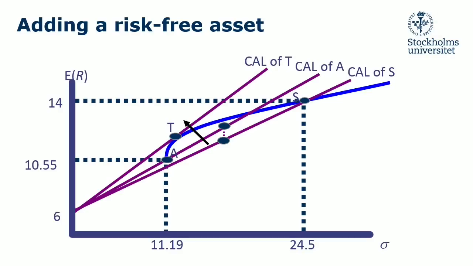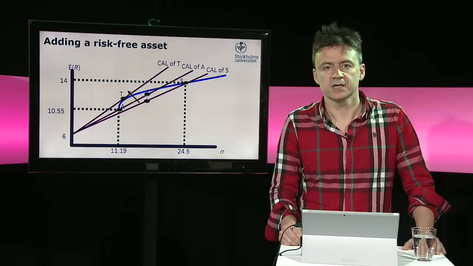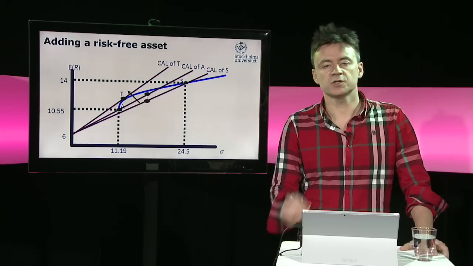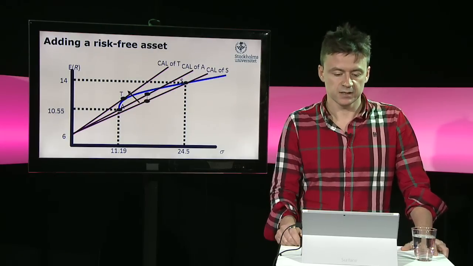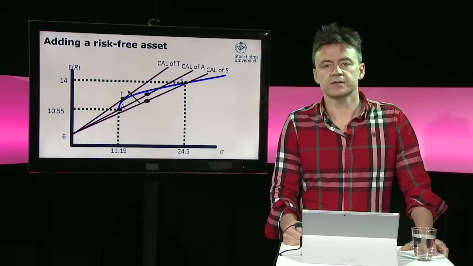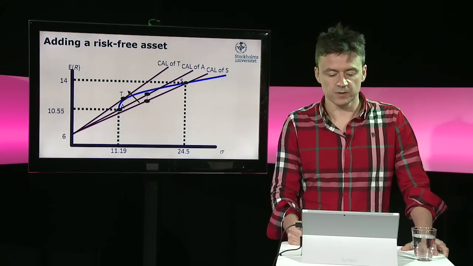Our capital allocation line gives us the portfolios of the risk-free asset and a portfolio of two risky assets, which sits exactly at the tangent of the efficient frontier with two risky assets only and the capital allocation line of such portfolio.